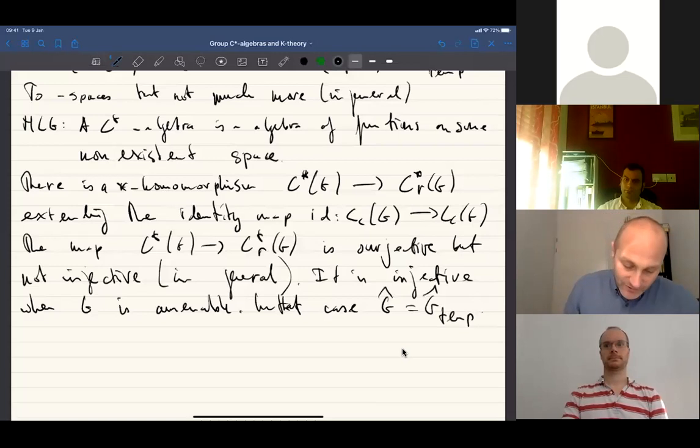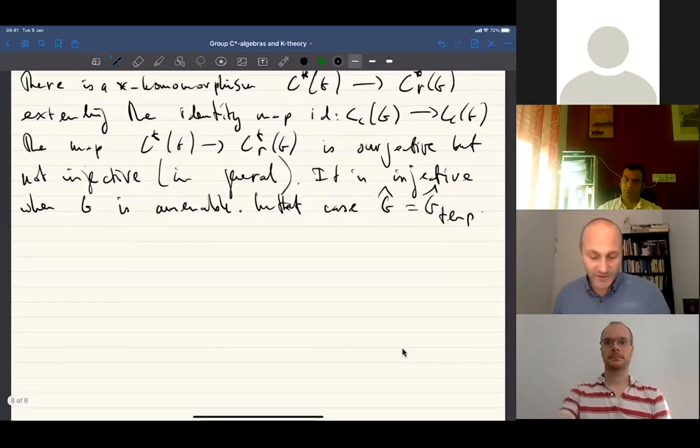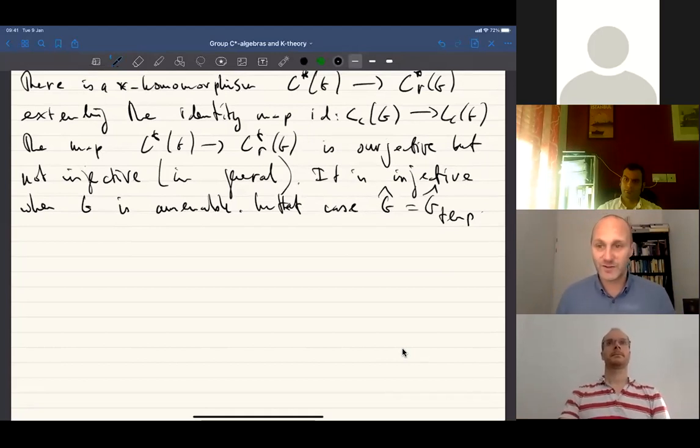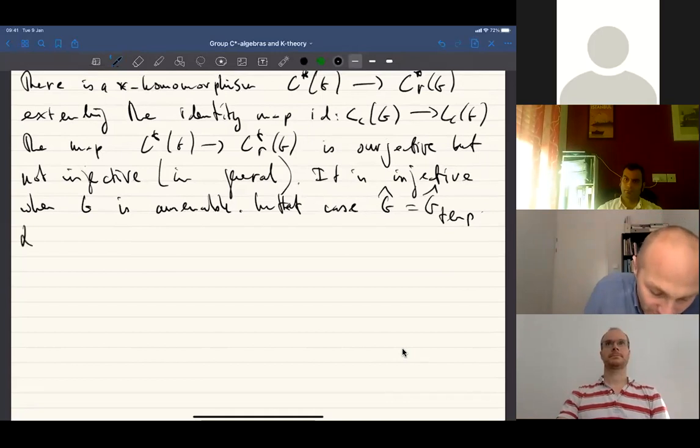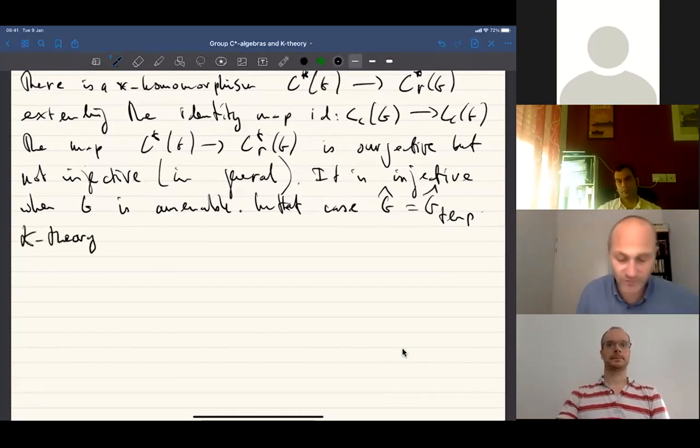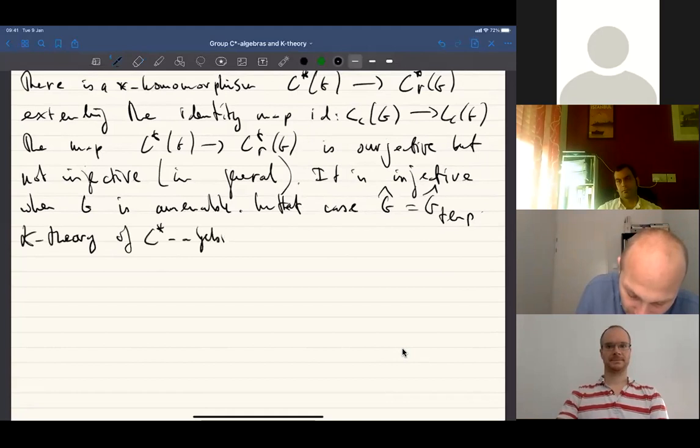So now, for the main part of this lecture, I'm going to leave the group C-star algebra picture and again work with some general C-star algebras to explain what we mean by non-commutative algebraic topology. And I will talk about K-theory of C-star algebras, which is a large area of mathematics.